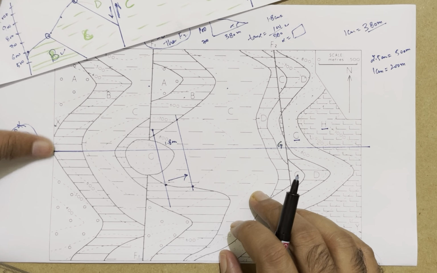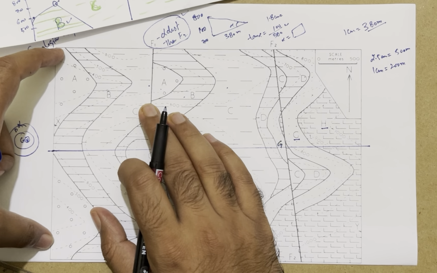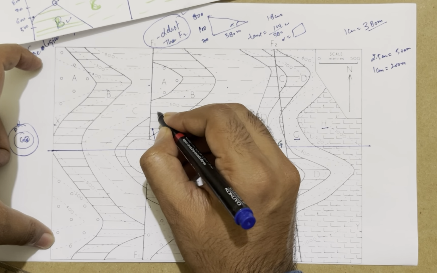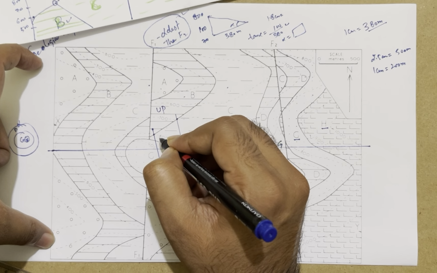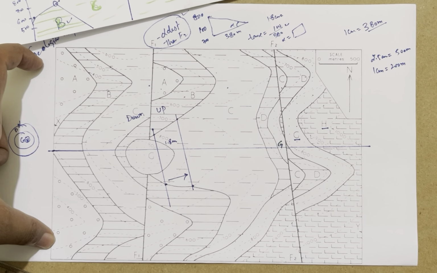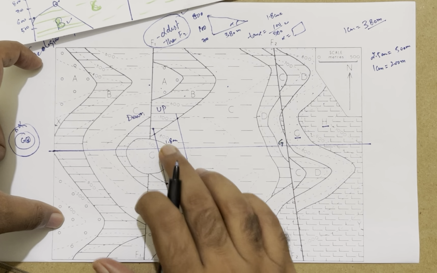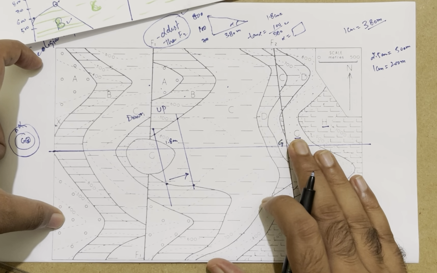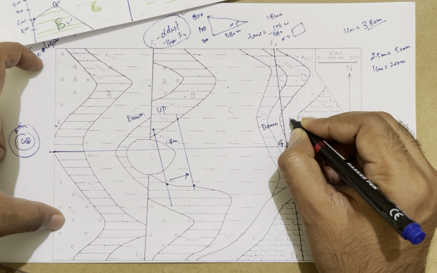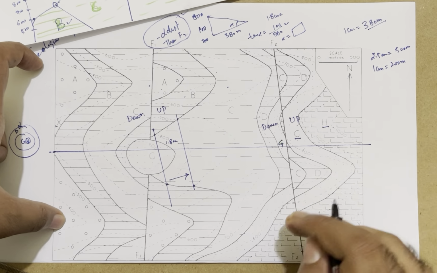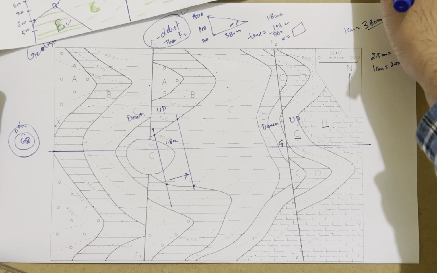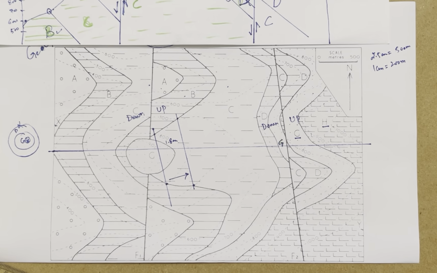If we talk about F1, this block is up-thrown, this block is down. And with respect to F2, this one is down, this one is up.